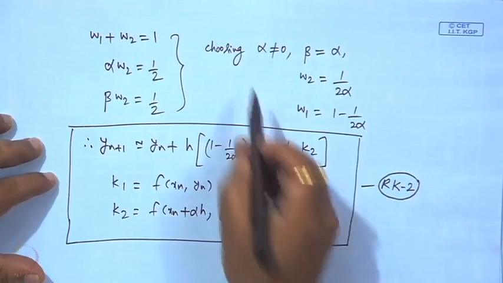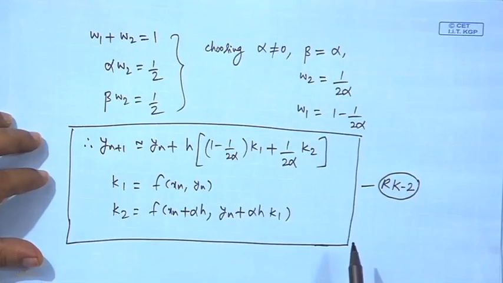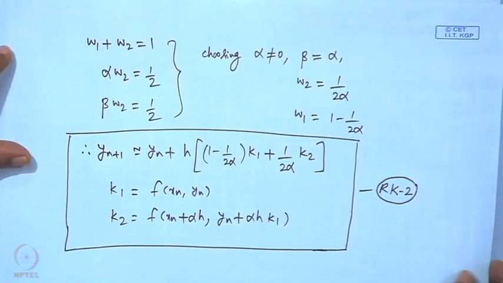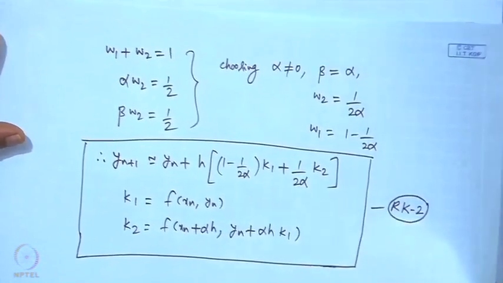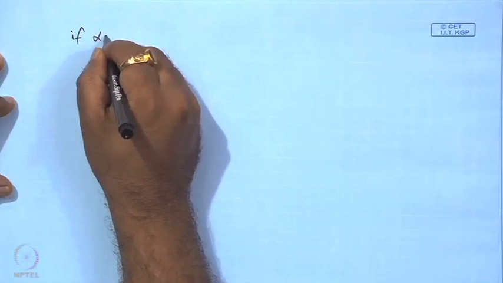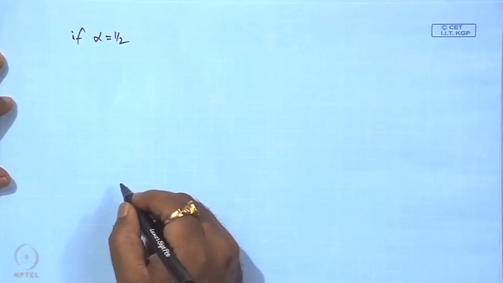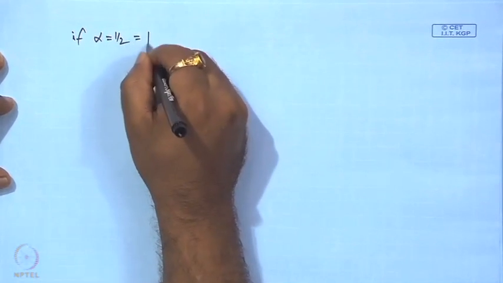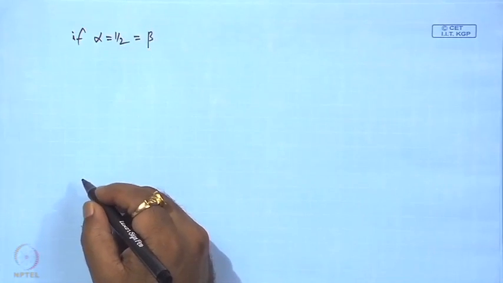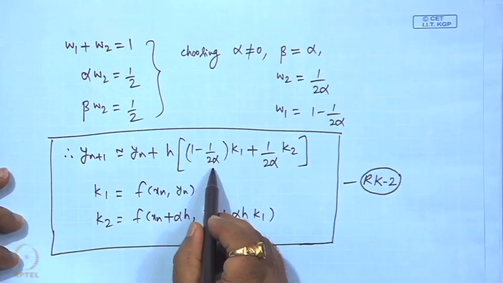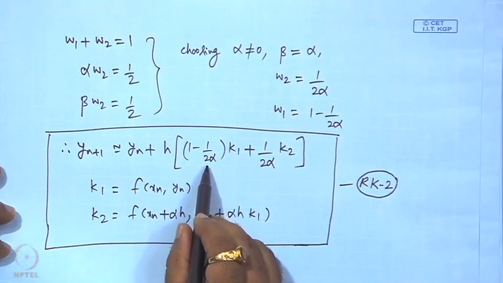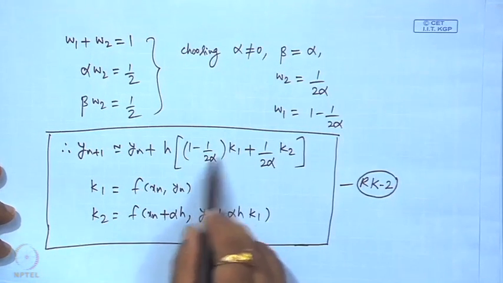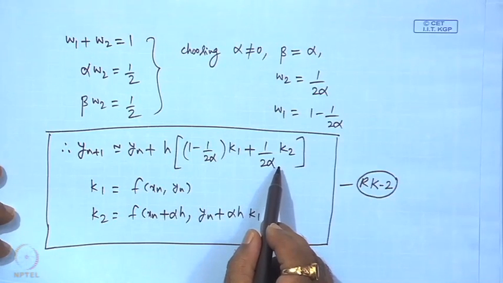So, now since alpha is arbitrary, let us take some specific values and try to see. If alpha is half, then beta is also half, then what will happen to your method? Alpha is half, right. So, this coefficient is 0 and this one is 1.